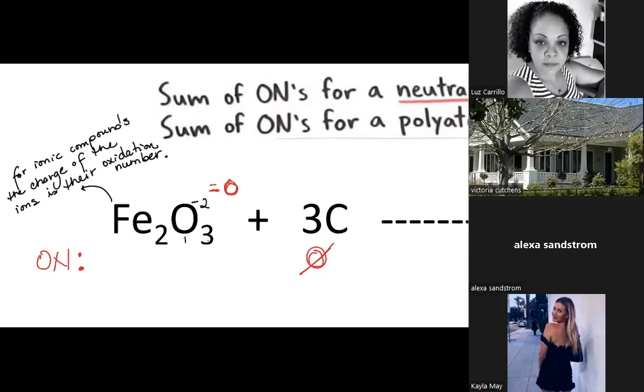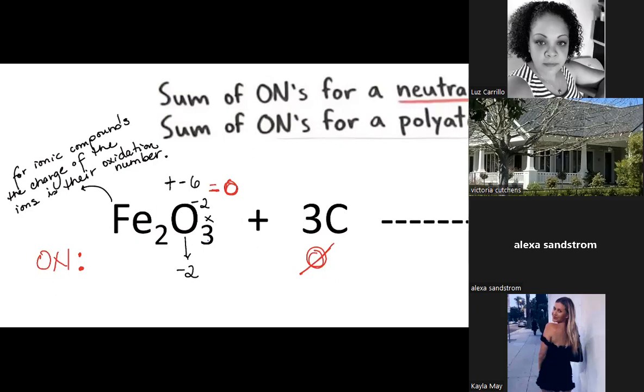The oxidation number of oxygen is always -2. In the context of this compound, we have to take into account that there's 3 oxygens. So when you multiply the oxidation number of oxygen times the subscript, that equals -6.